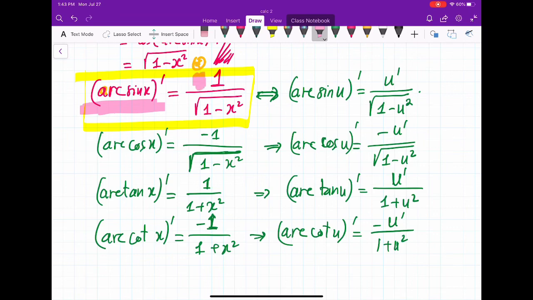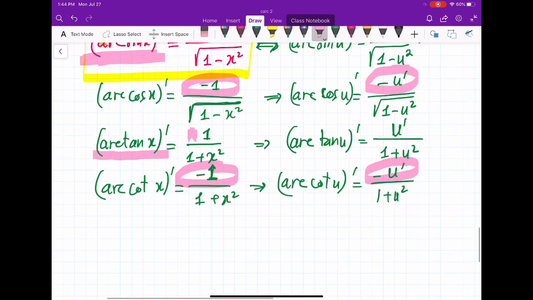You do almost the same thing with the tangent, you have plus in here. But if you do cosine, you get negative 1. If you do cotangent, you get negative 1 in here, or negative u prime. Don't forget that. So there is some pair, right? Sine and tangent with positive, cosine and cotangent with negative. Okay?